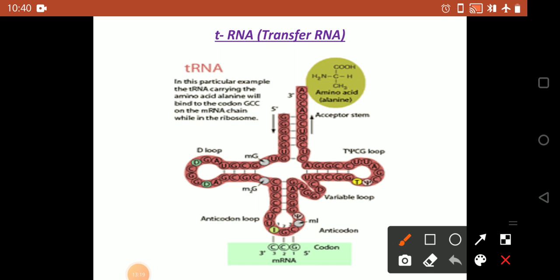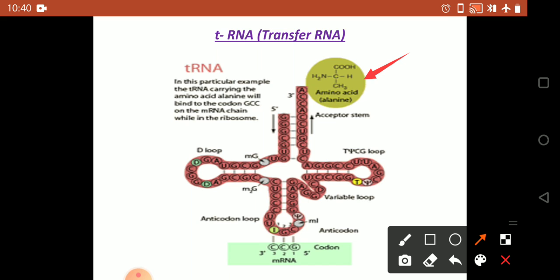Coming to the first, the acceptor arm, which is nothing but the amino acid binding arm. It has 7 base pairs and 3 unpaired bases, and the amino acid always binds to the adenine present there. That is how you can call it the amino acid binding arm.